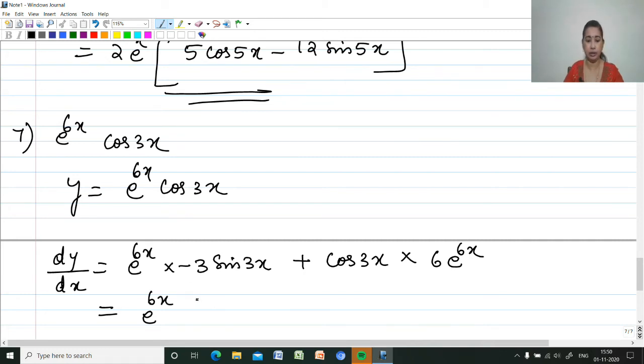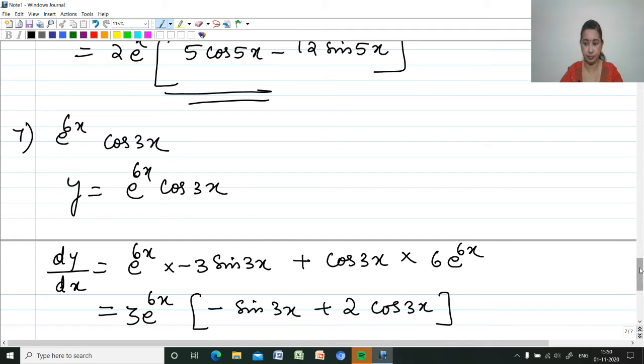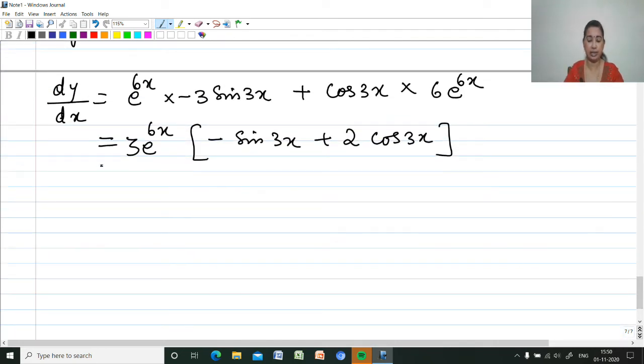then 3 is also common, that also we take out, then remaining minus sine 3x, then here plus 2 cos 3x. So we got dy by dx.